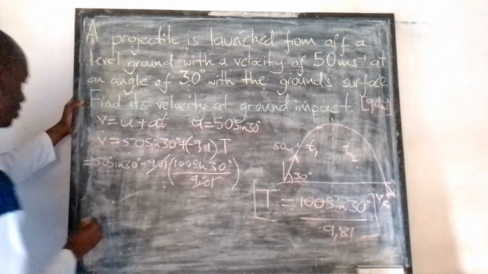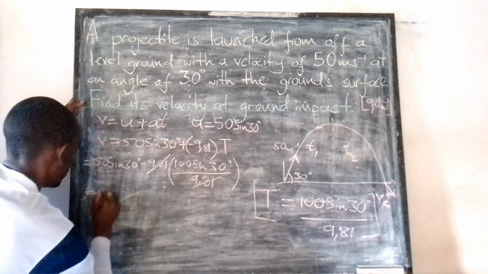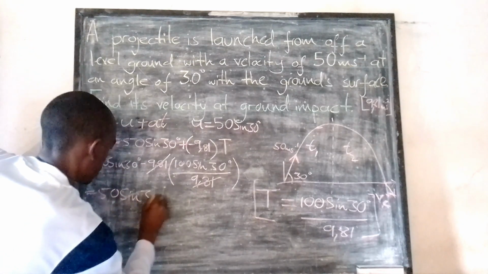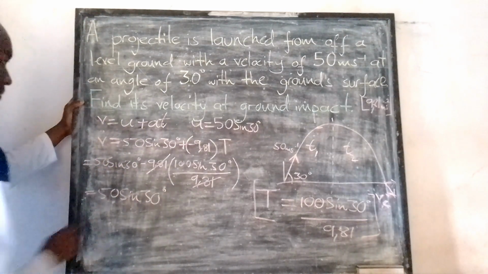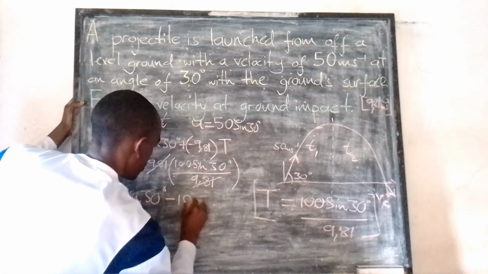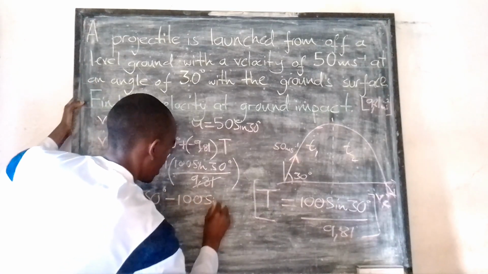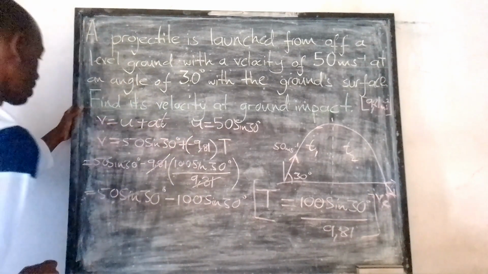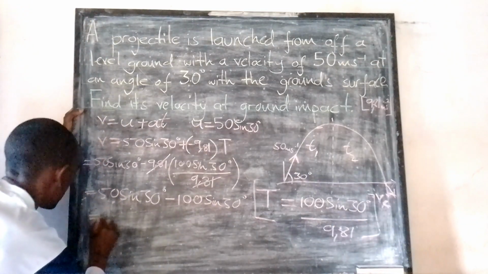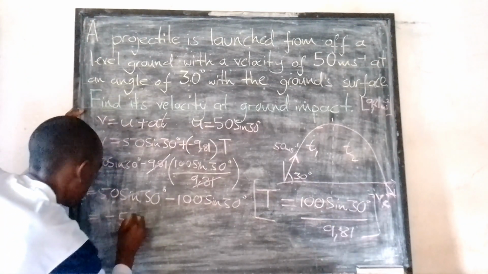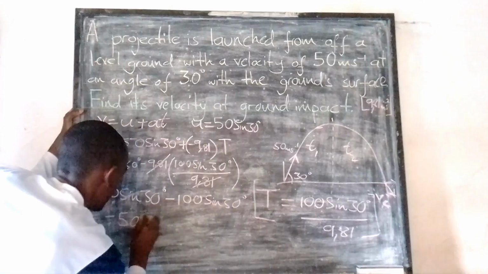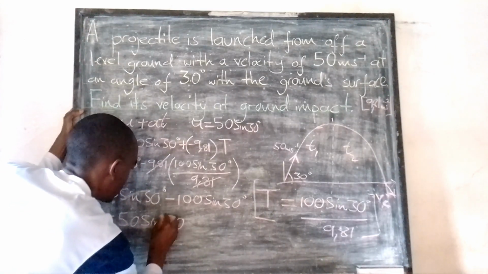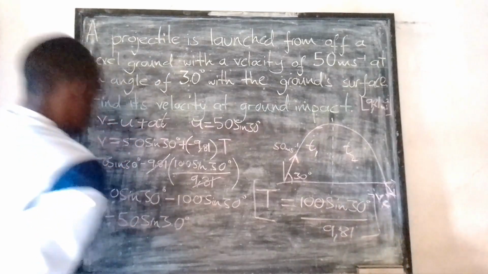And what are we left with? We're left with 50 sine 30 degrees minus 100 sine 30 degrees. And what we get our answer as is minus 50 sine 30 degrees.